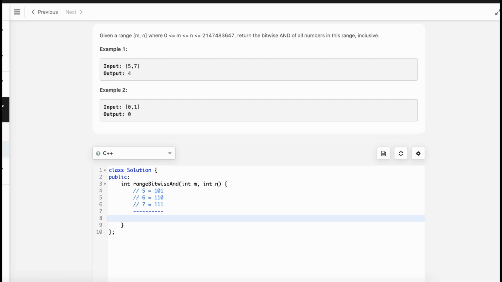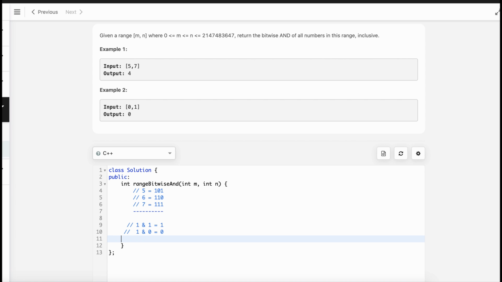And if we perform the bitwise AND, we have a general rule. If we AND with 1, then only if there is 1 and 1 will it be 1, otherwise it will be 0.